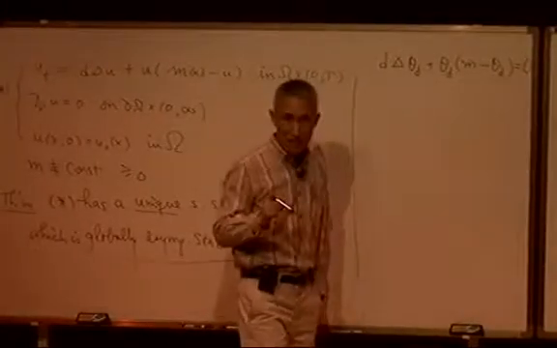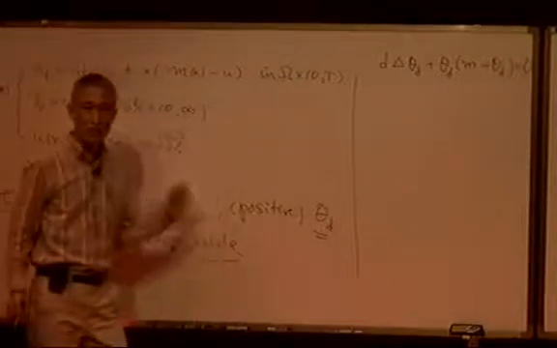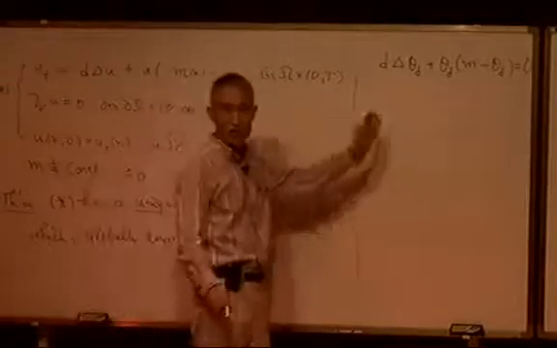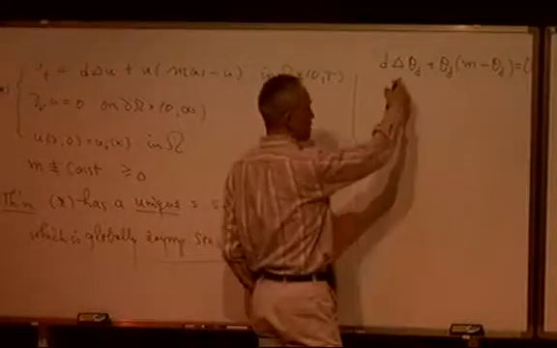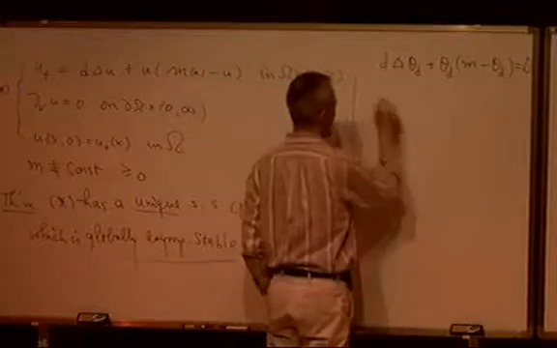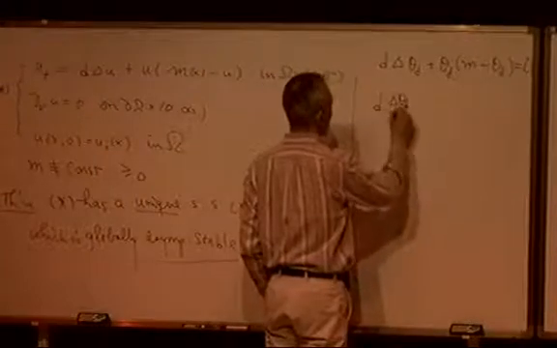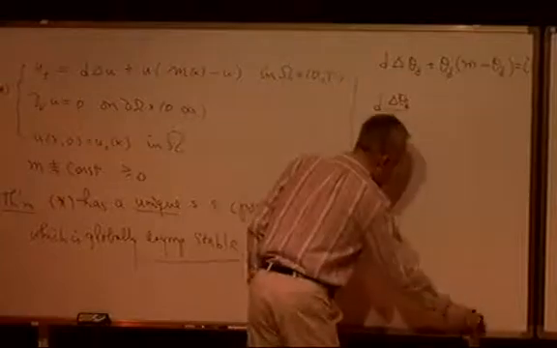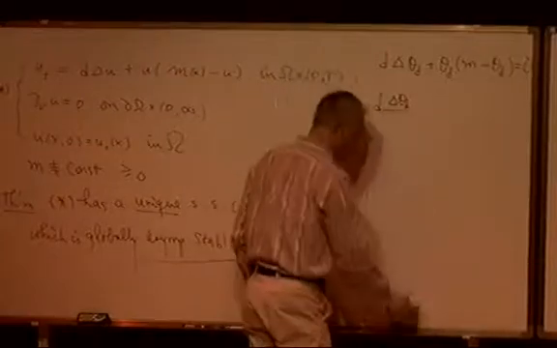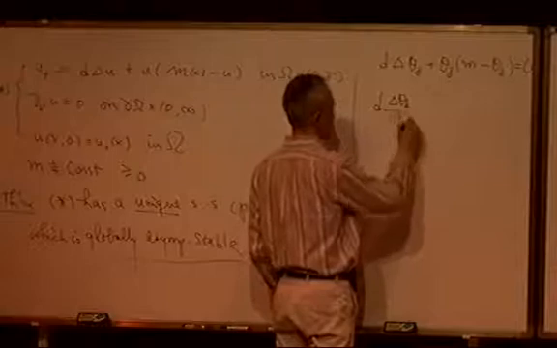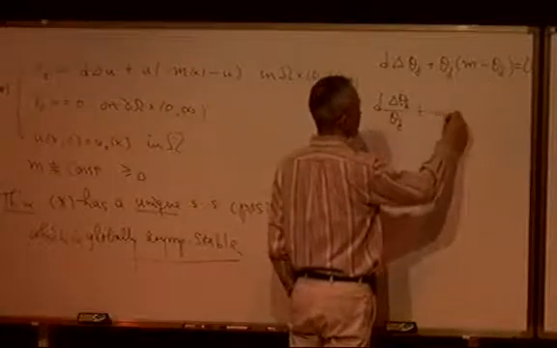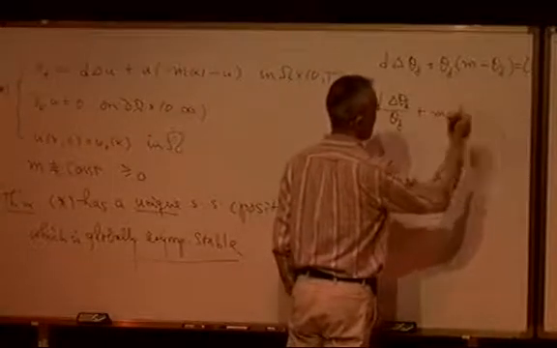Theta_d is positive. So assuming we have the theorem already, I divide through by theta_d. I will get d Laplacian theta_d over theta_d. If theta_d is positive, I can always divide it, right? Plus m(x) minus theta_d equals 0.